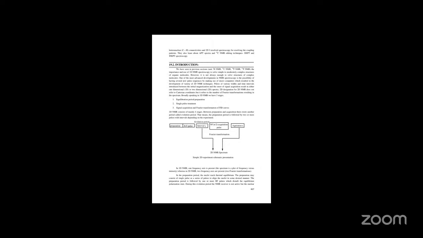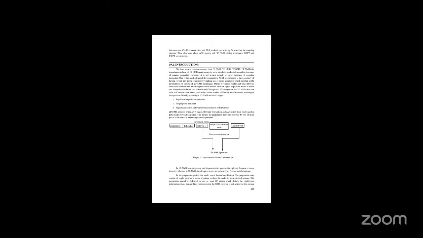Broadly speaking, in 1D NMR we have three stages: equilibrium period preparation, single pulse treatment, signal acquisition, and Fourier transformation of the FID curves. The 2D NMR consists of four main stages. Between preparation and acquisition, there exists another period called the evolution period.